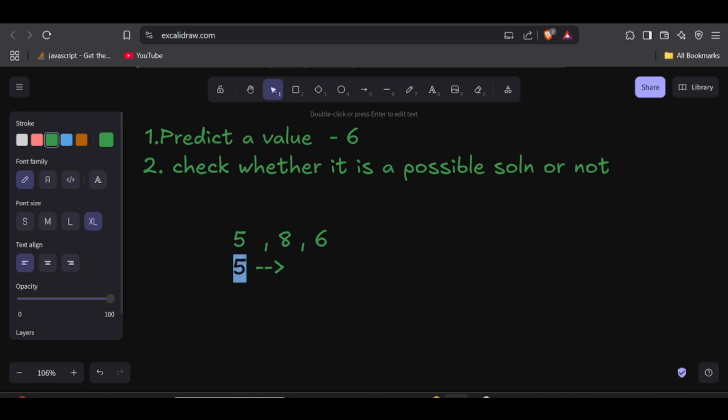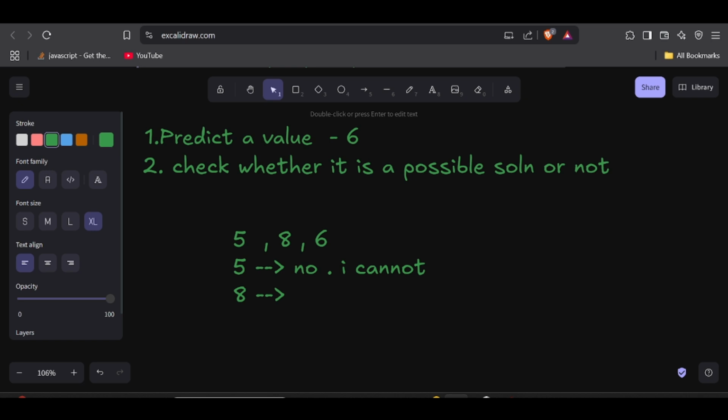Is my 5 greater than or equal to 6? No. So I cannot proceed with it. Now let's see the 8. Is my 8 greater than or equal to 6?